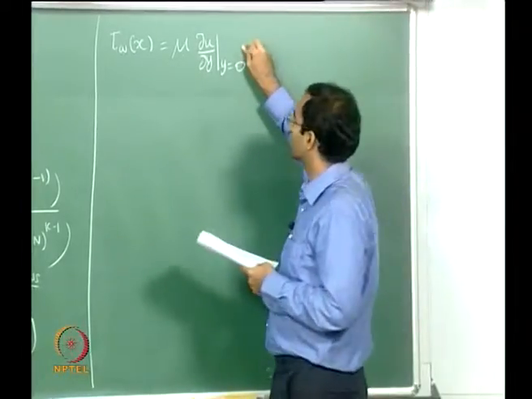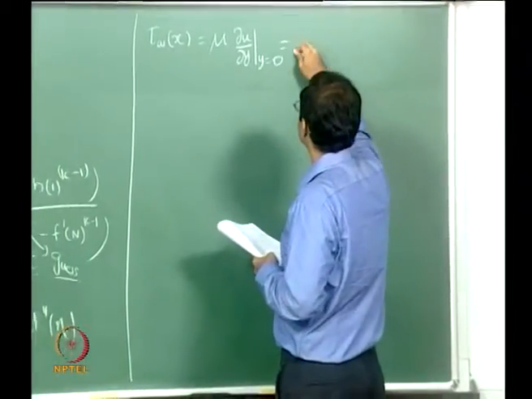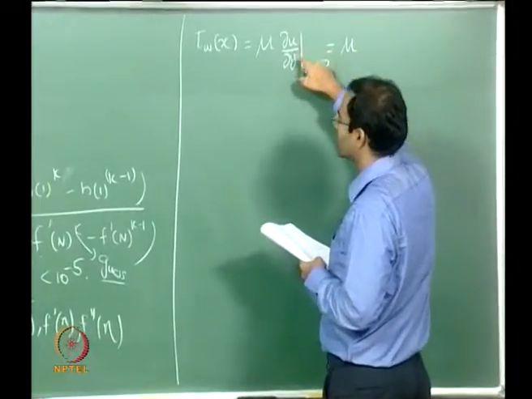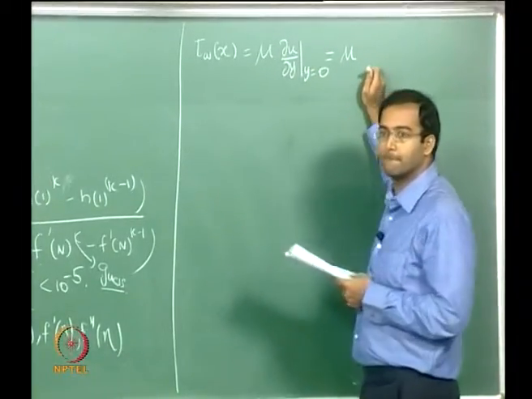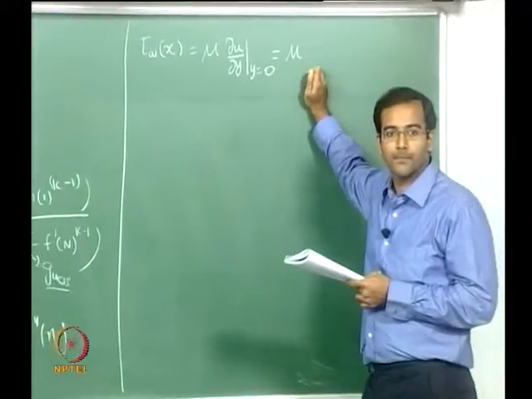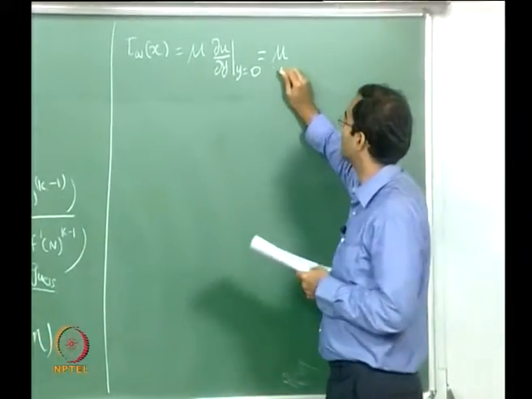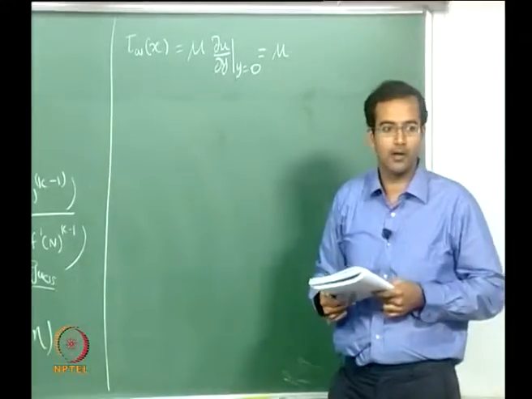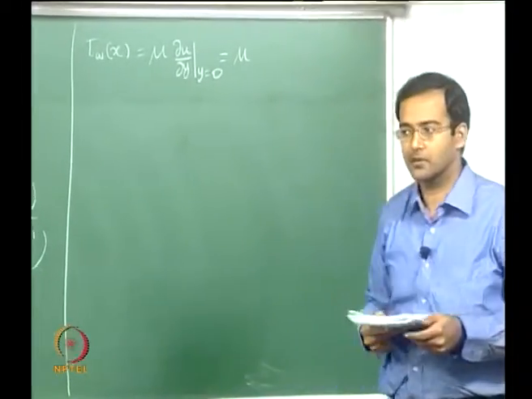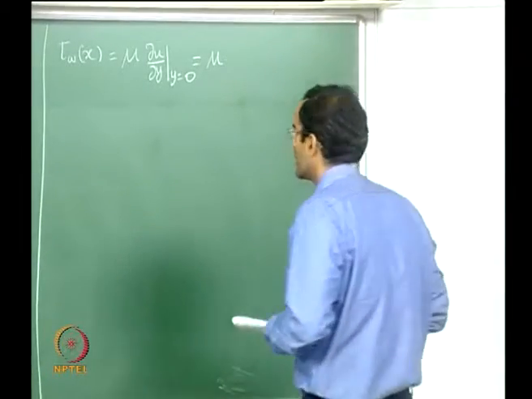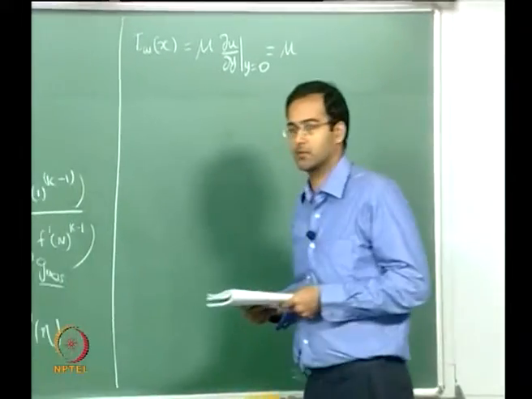Okay, so you can say that this is nu. Can you tell du by dy in terms of f and eta? I think we have already done this derivation. I don't want to go through the steps, so please look into your earlier class notes and tell me the final expression.